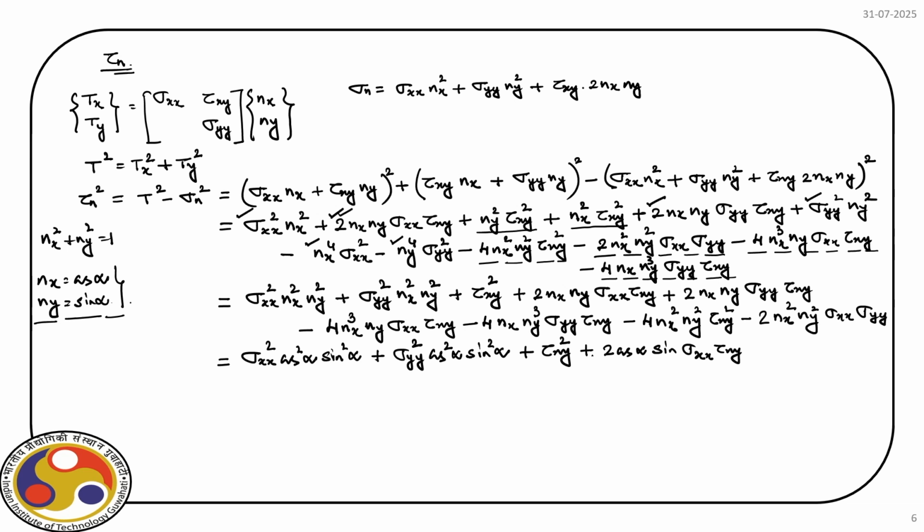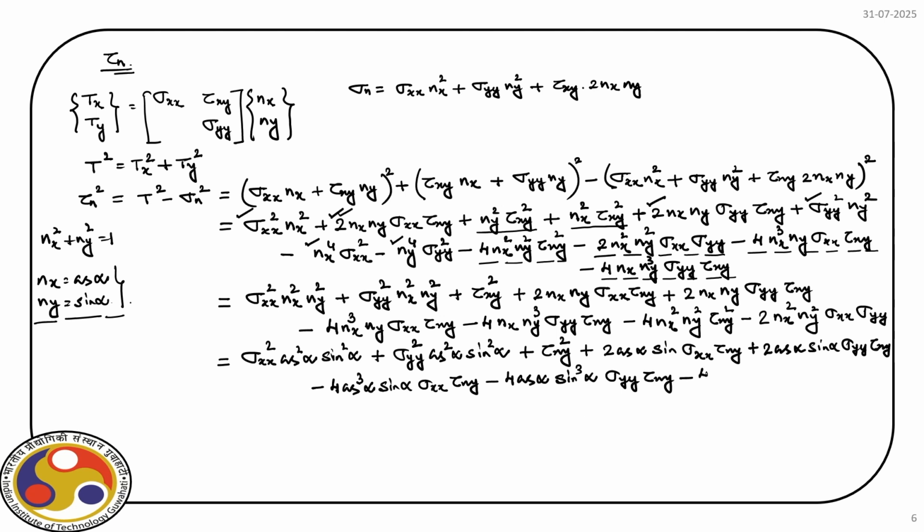Okay. Then we have plus twice cos alpha sin alpha sigma yy tau xy, then minus 4 cos cube alpha sin alpha sigma xx tau xy, minus 4 cos alpha sin cube alpha sigma yy tau xy.